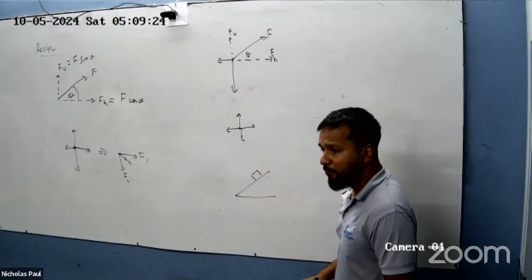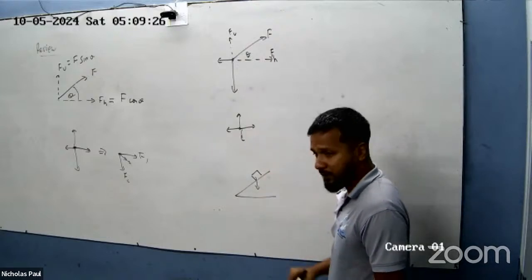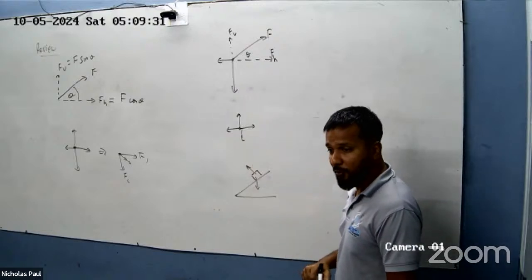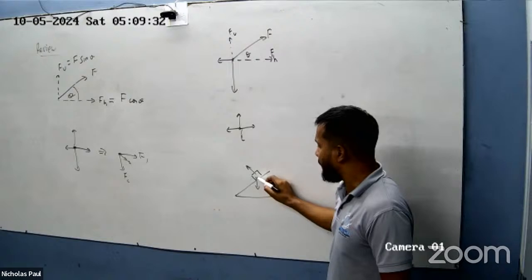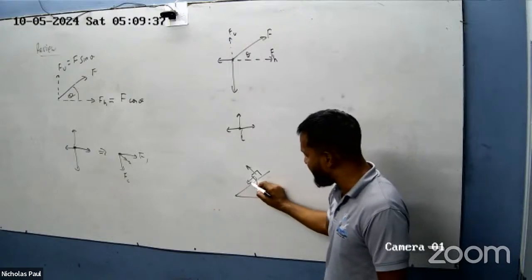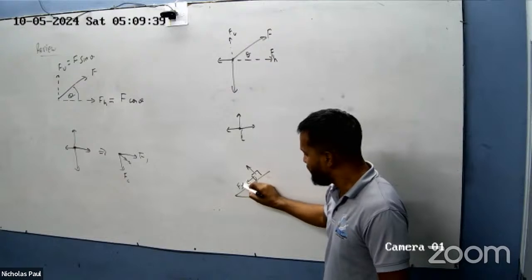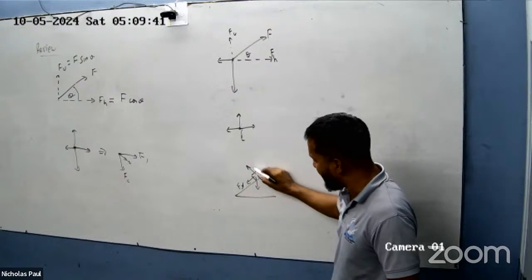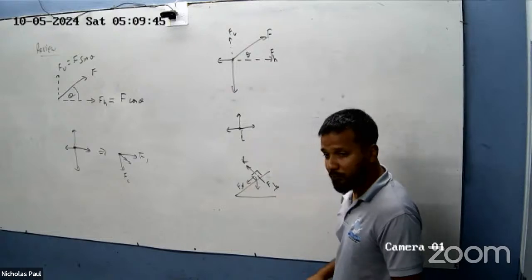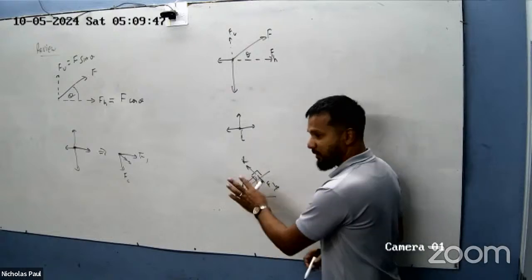The forces acting on it will be weight and contact force. And I told you the object will naturally slide downwards because of the component of weight acting here, parallel to the plane, and this contact force is equal to the force here. And I showed you how to resolve that.